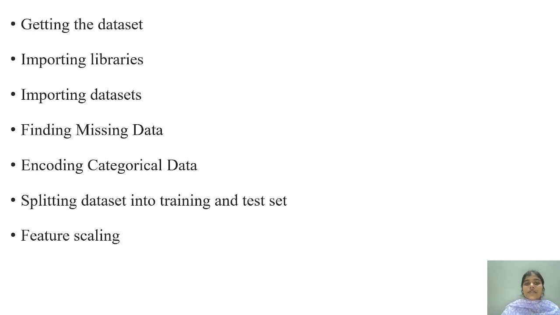We have different steps to follow in the data mining pre-processing process. We first need to bring in the data we have collected, and then import different libraries. That means if you are using technologies like Python, we can import some libraries which would help in pre-processing the data. And if you want to embed any other data sets, you can also import the data sets. In that data set, you need to find missing values, and whether there is any inconsistent data.